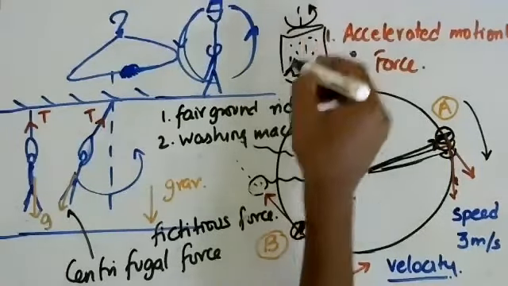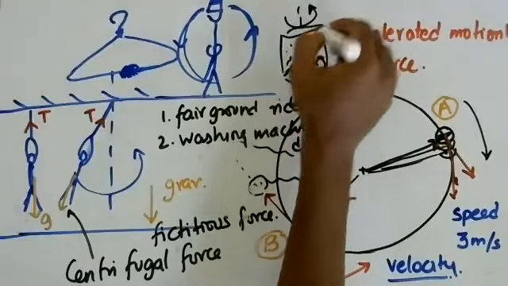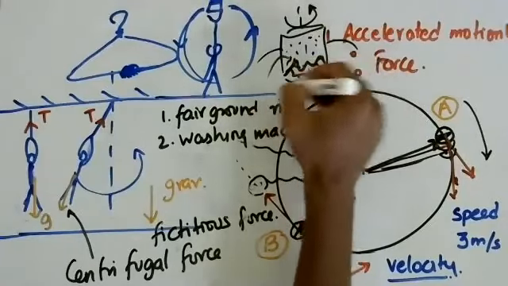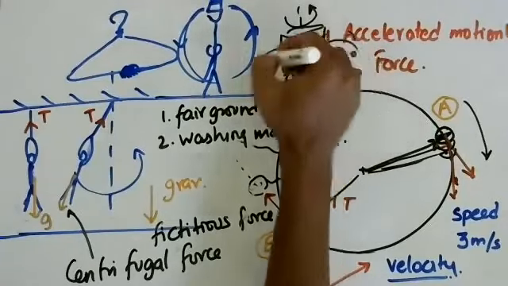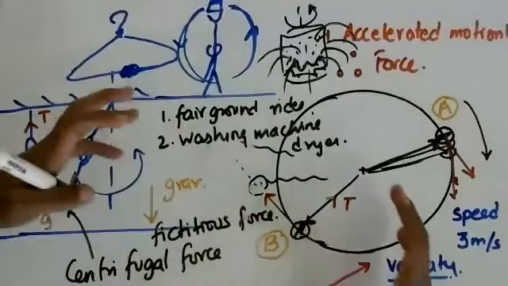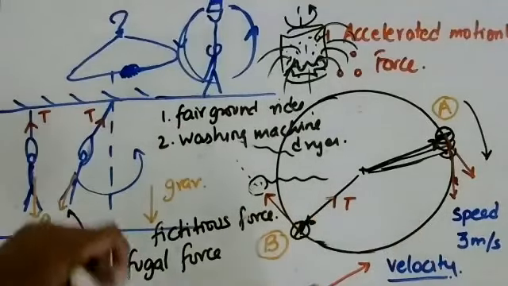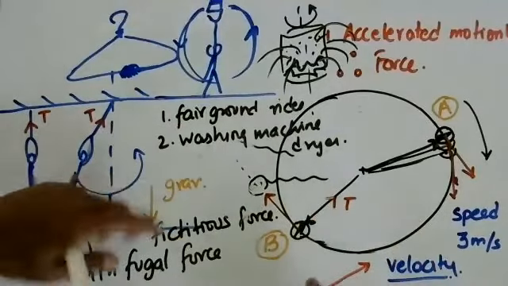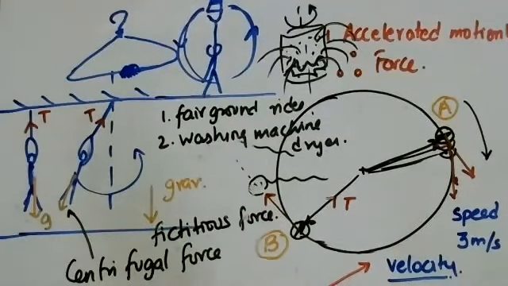When this spins fast enough, because of the holes present in the side, the water spills out from the sides. Then you find that the clothes are stuck to the sides of the drum when it's done. So that means that centripetal force has been acting. The speed with which it rotates determines how much centripetal force there is, but that's not dealt with in our syllabus, so we don't need to bother about it.